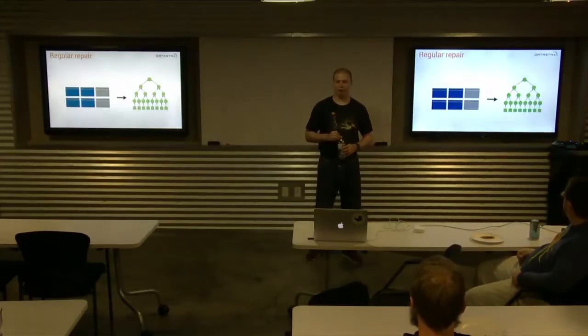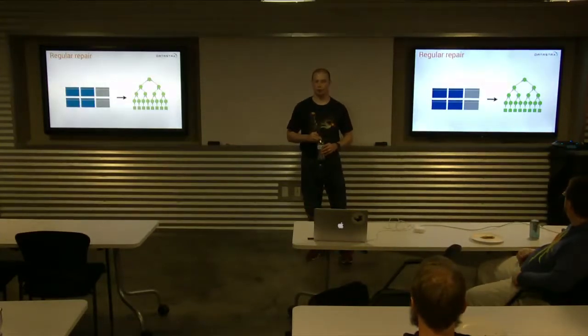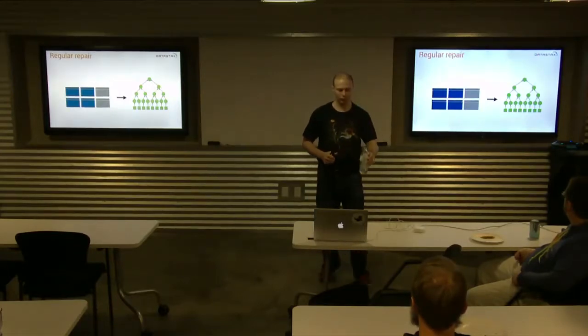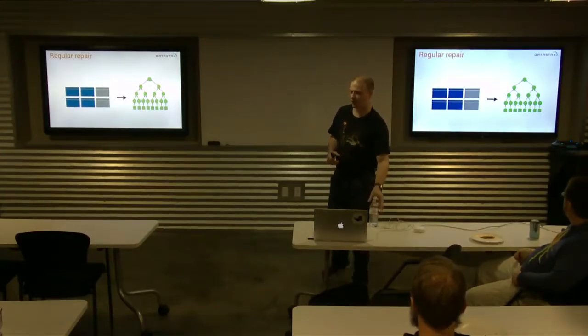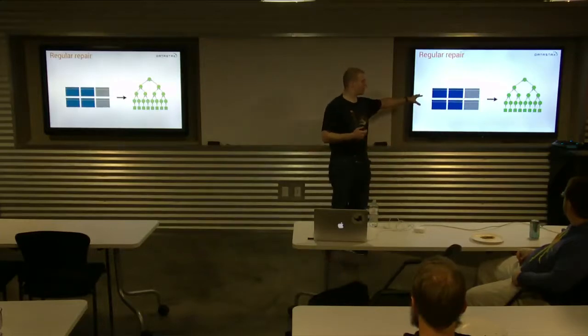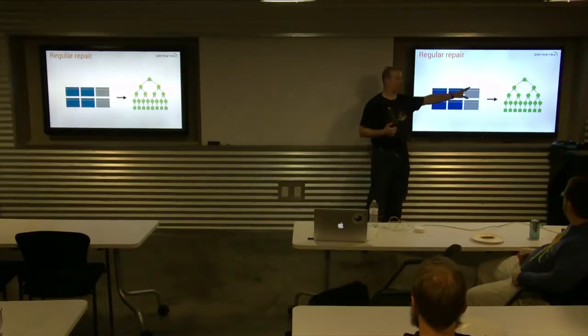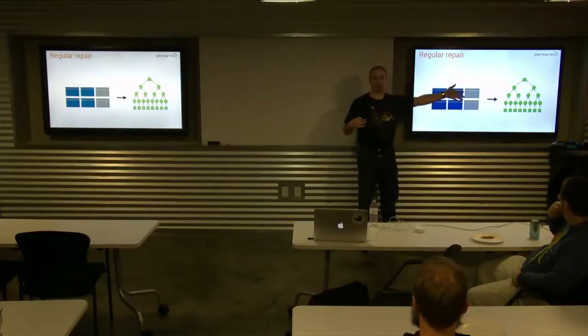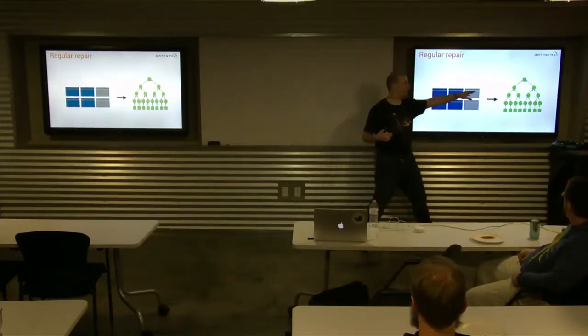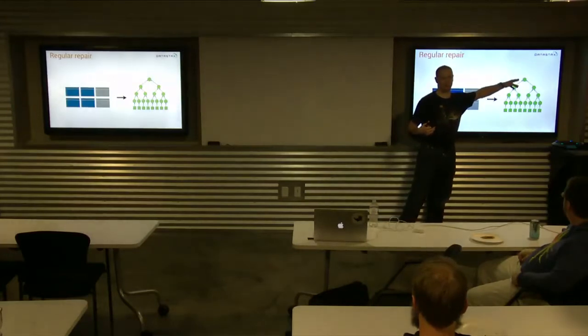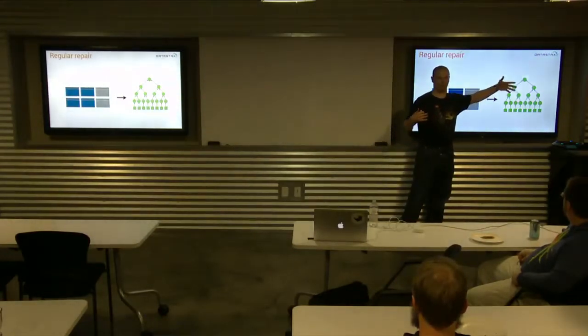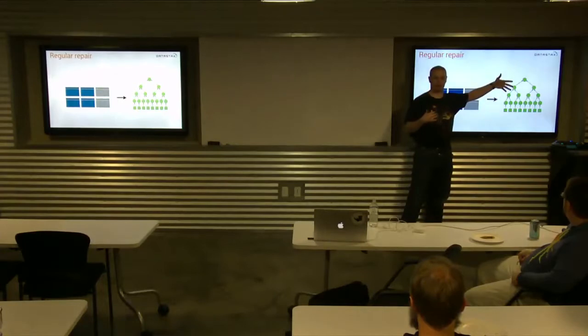Finally, in 2.1, we've introduced what we're calling incremental repair. So the way repair works, as you know, we scan our data set, we build a tree of hashes, we exchange the hashes across the replicas. The replicas compare the trees and say, well, if the top of the tree is the same, then the data that created that hash is also the same, so we're good.